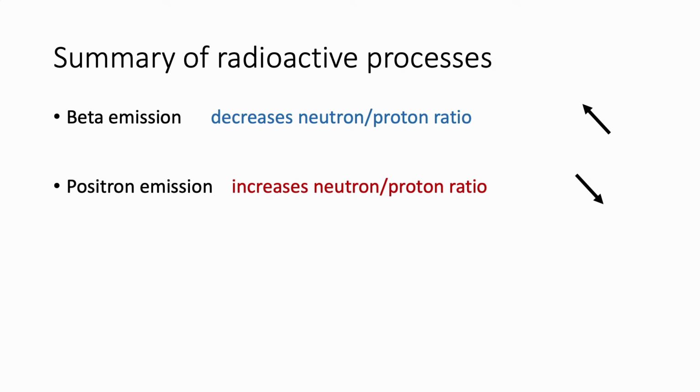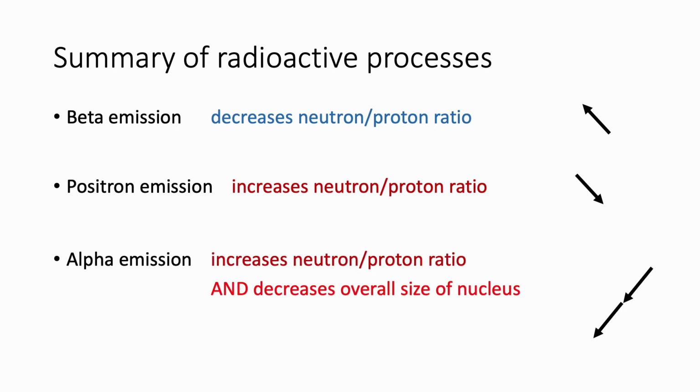And remember, positrons turn protons into neutrons. So then you have more neutrons, fewer protons, and that increases your neutron to proton ratio. And finally, you have alpha emission, and that's a really good way to quickly decrease the size of your nucleus.